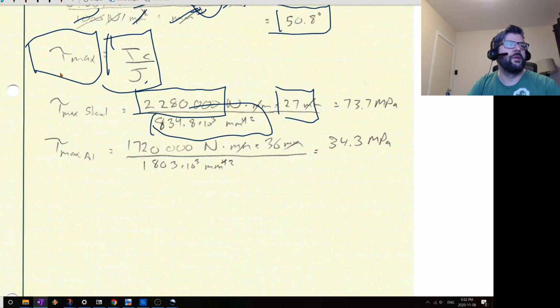Millimeters cancels out 2 of our millimeters to the 4th, leaving us with newtons per millimeter squared as our unit, which is megapascals.